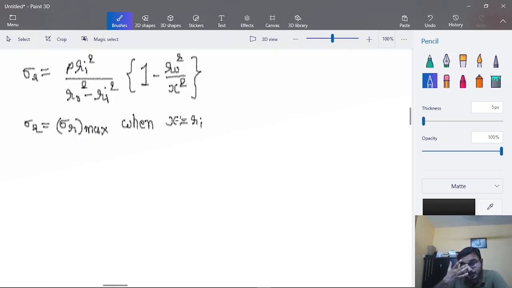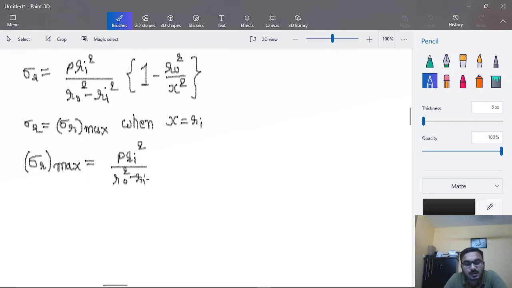So let's put this over here. Sigma r maximum will be equal to P Ri square divided by Ro square minus Ri square, into 1 minus Ro square divided by Ri square.